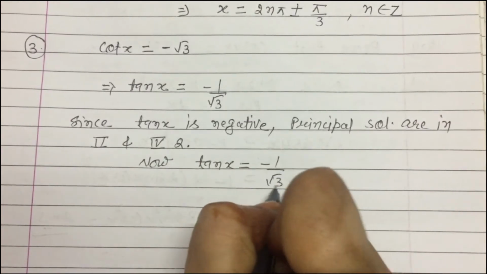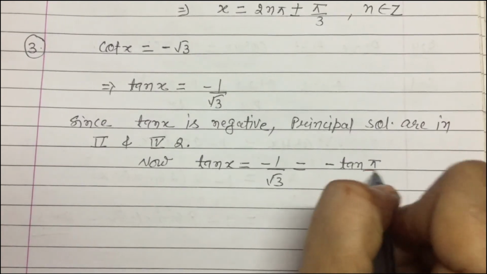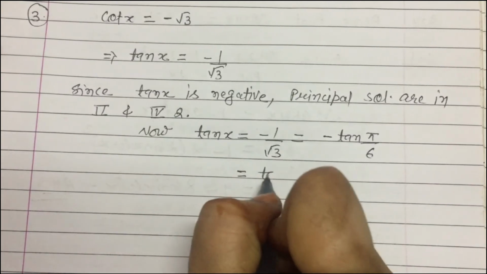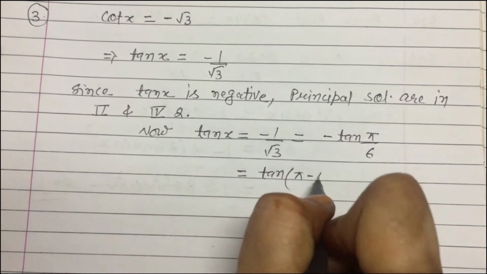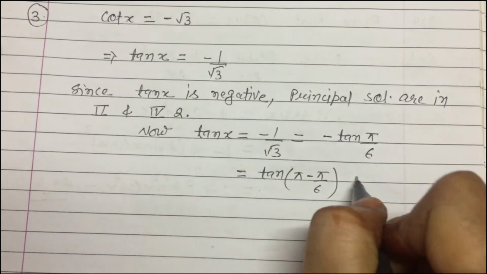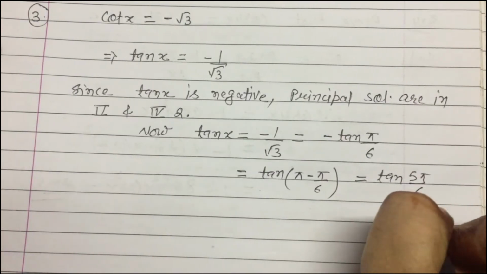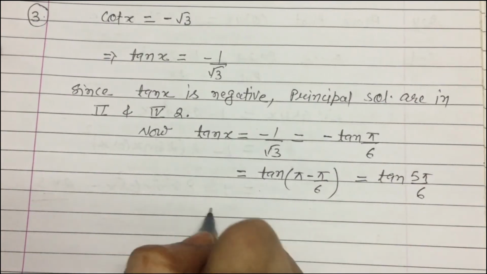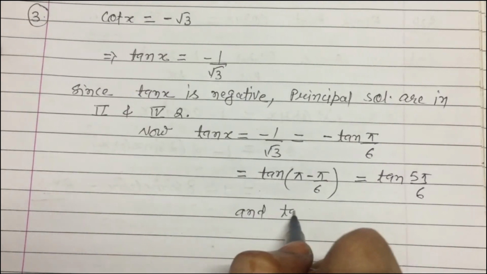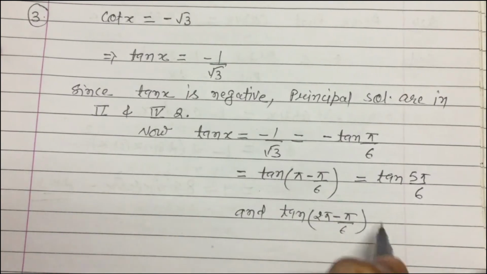Minus 1 by root 3. Okay, so first it's minus tan pi by 6, or we can write here tan of pi minus pi by 6. It is in the second quadrant. It gives tan 5 pi by 6. And next, tan of 2 pi minus pi by 6.